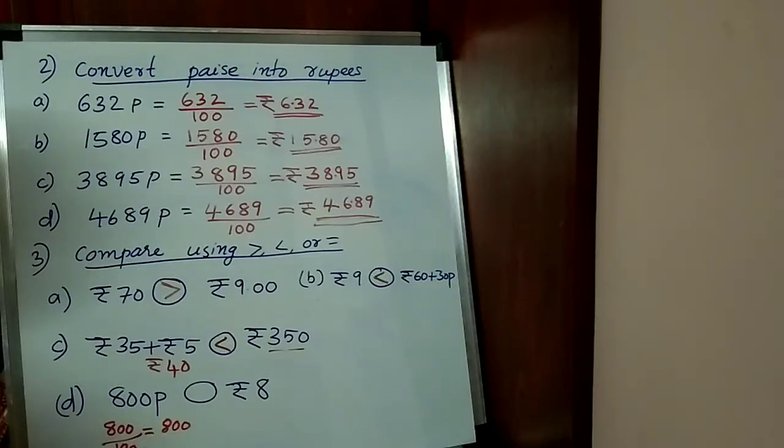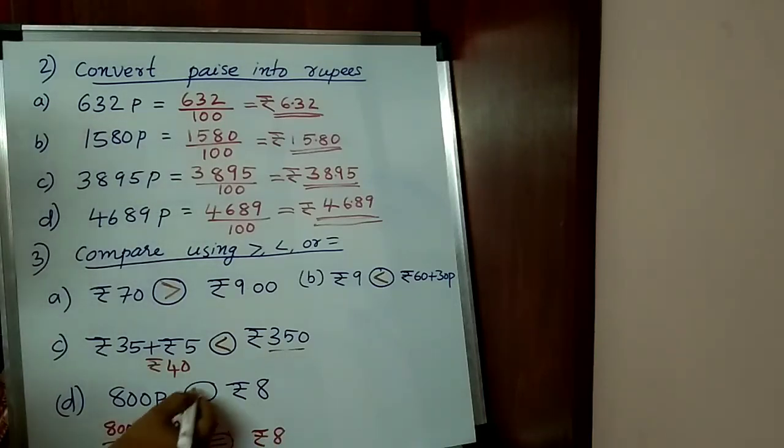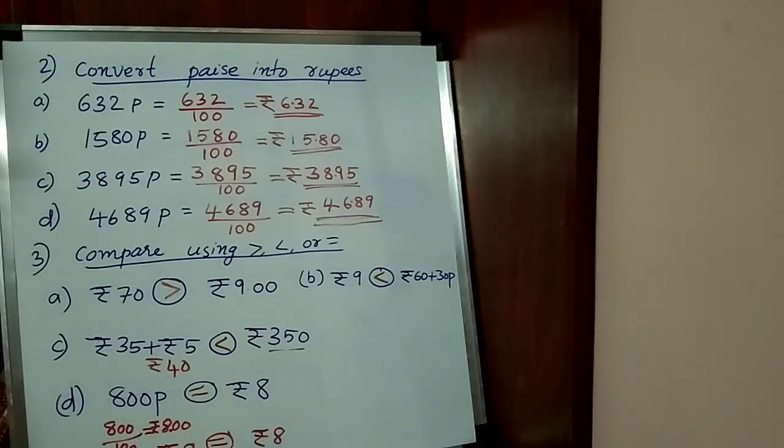How many zeros? 2 zeros. 1, 2. Starting from the right side, after 2 digits you put one dot. So what is this? This left side is rupees 8 and the right side also, what? Rupees 8. So which symbol? Equal symbol. These two are equal. All of you understand? Thank you.